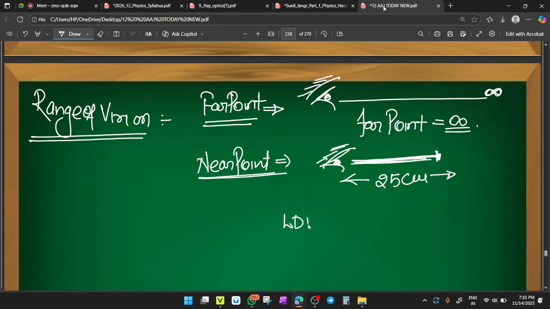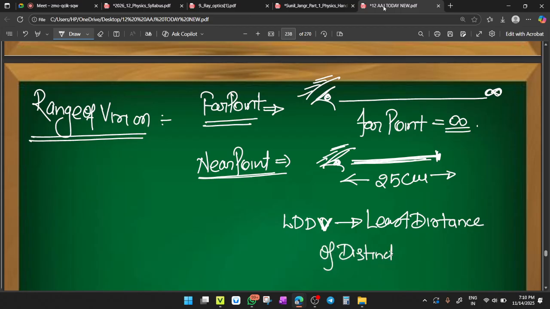This is called LDDV, least distance of distinct vision. Clear? And it is equal to how much? 25 centimeter.